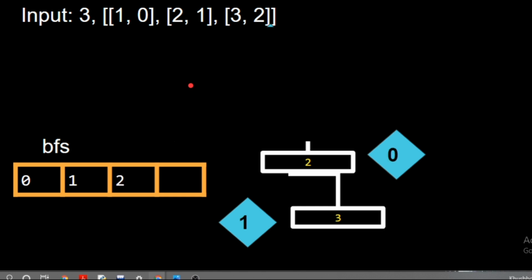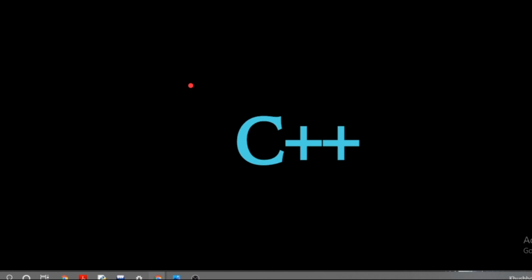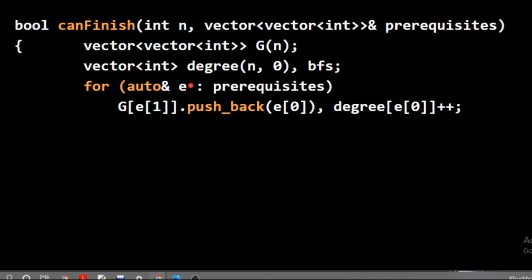Now we got node 2 with 0 degree, so we appended it and removed it, and hence we got node 3 with 0 degree. In the array BFS we got our perfect order that can be done. So we got the idea of how we can move forward in this question. Let's try to implement it in C++.